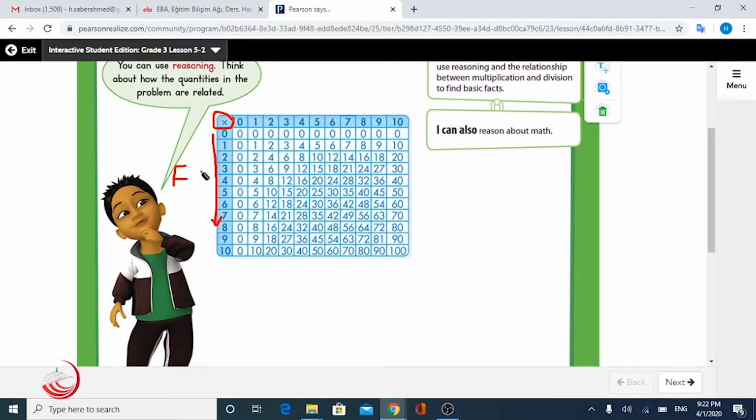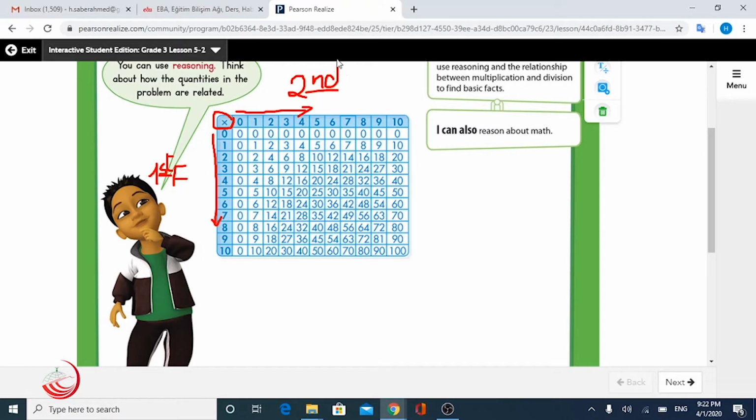Those are the first factor in any multiplication equation using these numbers. Where's the second factor in the equation? It's this row, the first shaded row here, is the second factor.